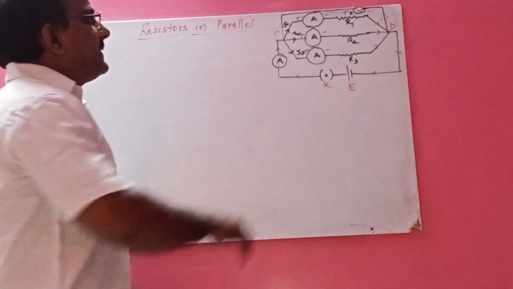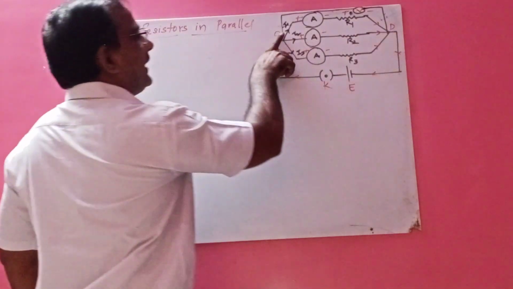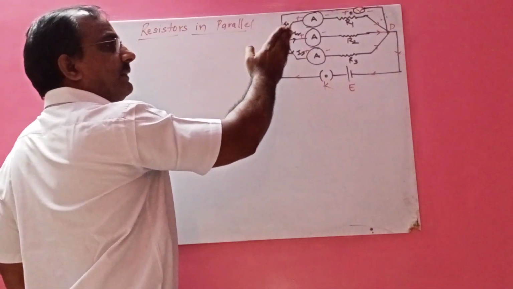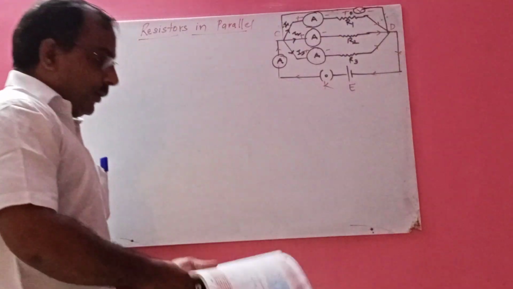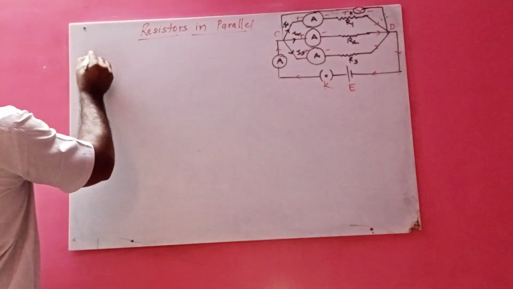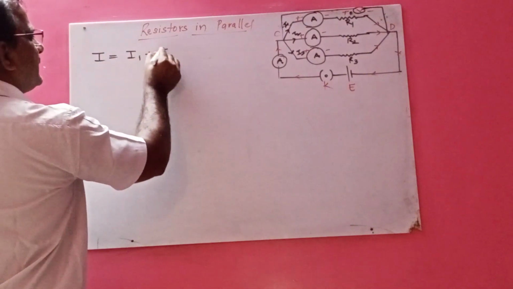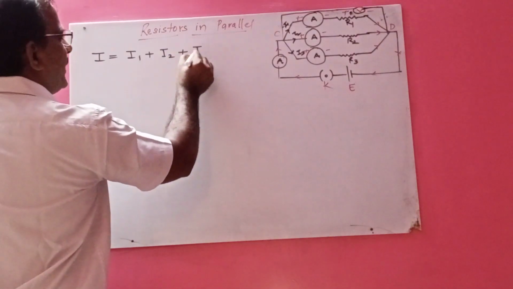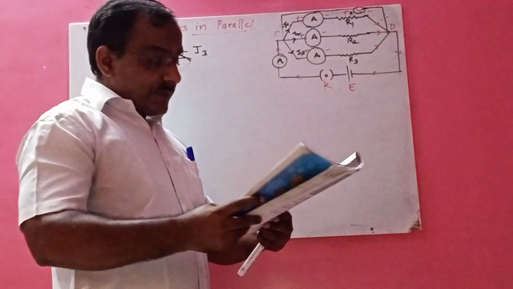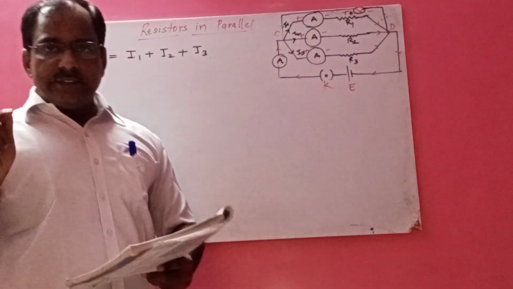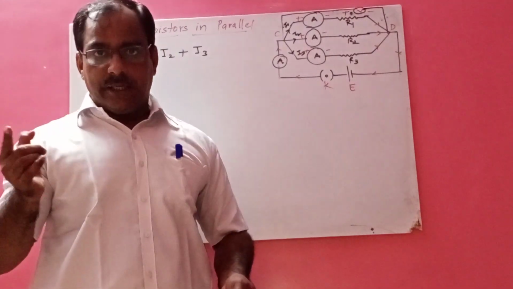Okay, so if I ask what is the total current between the terminals C and D, because there are three currents, I1, I2 and I3, what will be the total current? To find the total current, you will write I is equal to I1 plus I2 plus I3. This is the total current between the terminals C and D. And since we want to find the effective resistance, you will take RP.